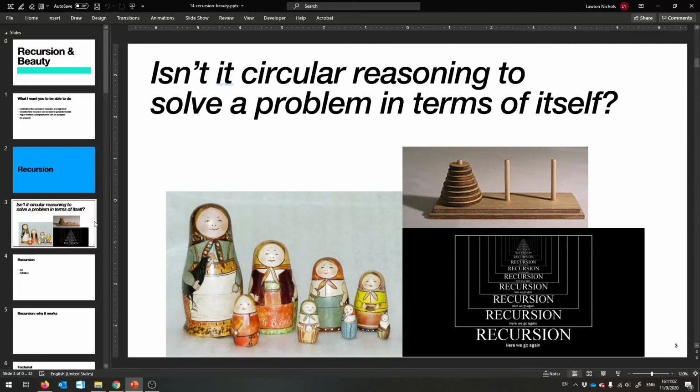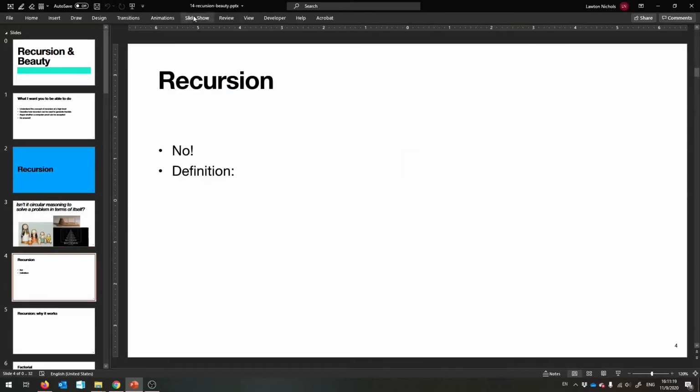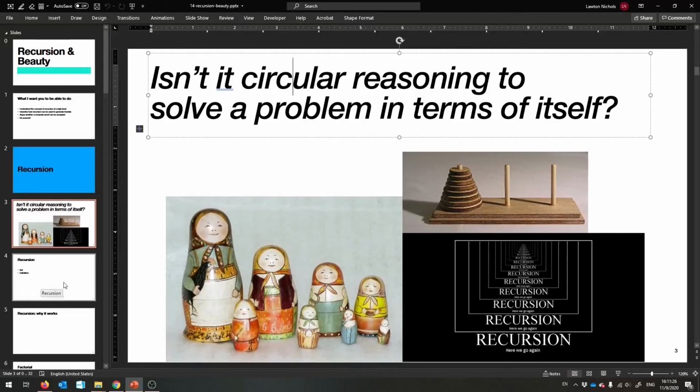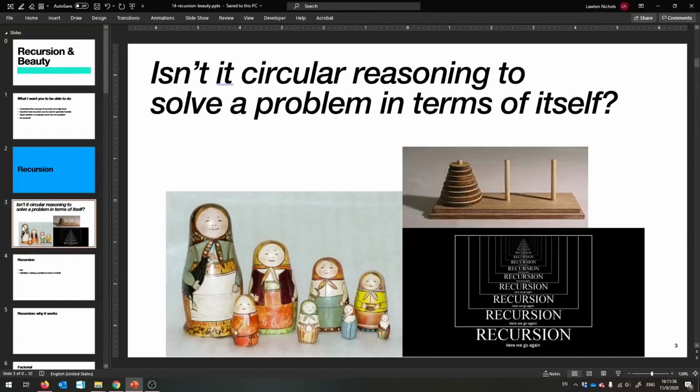The idea of recursion is you're going to solve a problem in terms of itself. So recursion means solving a problem in terms of itself. And the short answer is no, it is not circular reasoning to do that, for a reason I will say in a second.